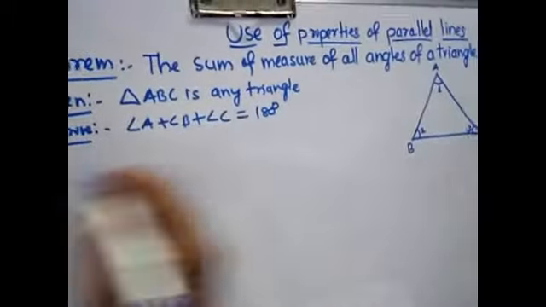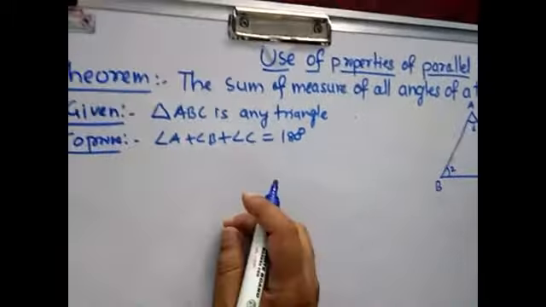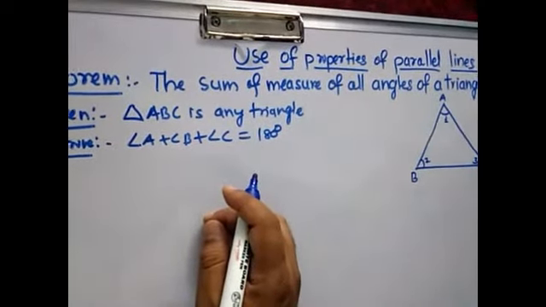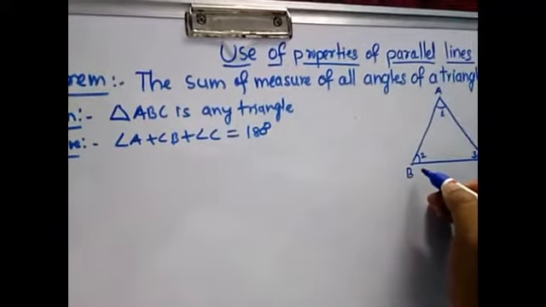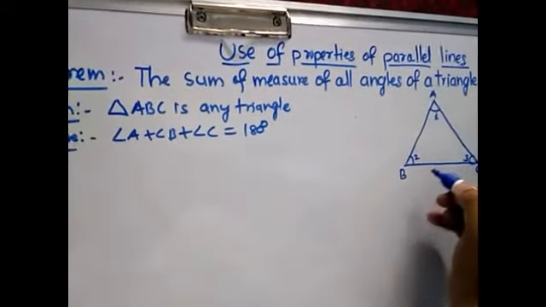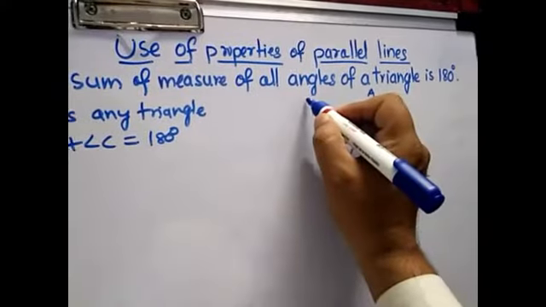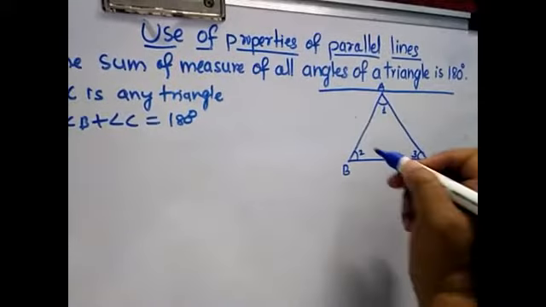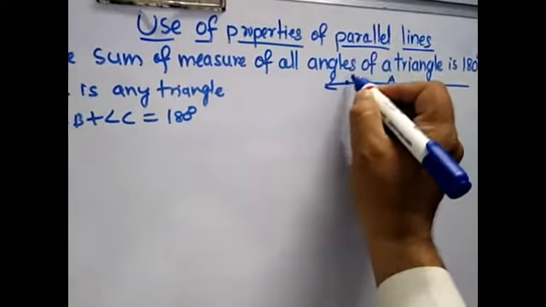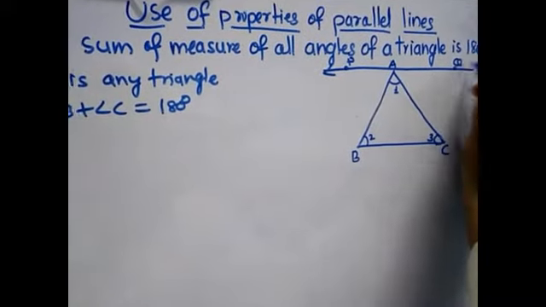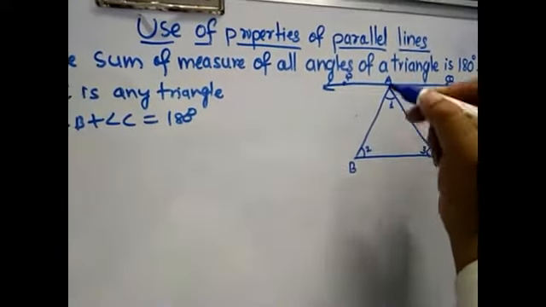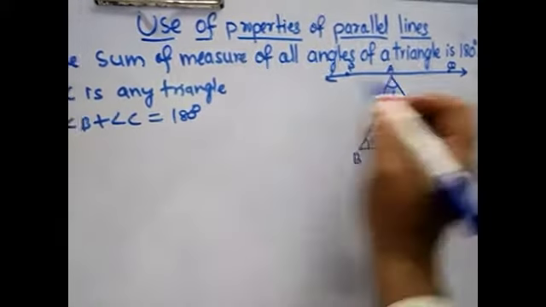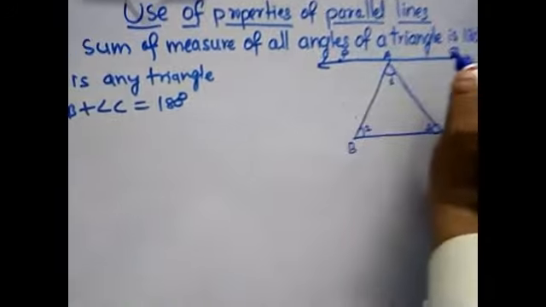Okay, so here some small construction will be done. Which construction? We draw a line parallel to BC. This parallel line at the side of BC is line PQ, and it is parallel to BC. So P, A, Q are collinear points.